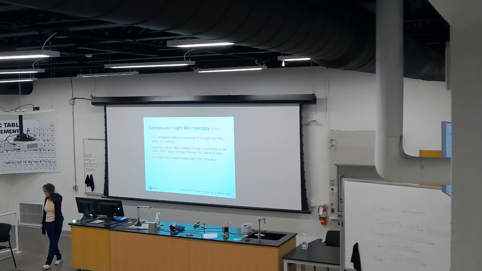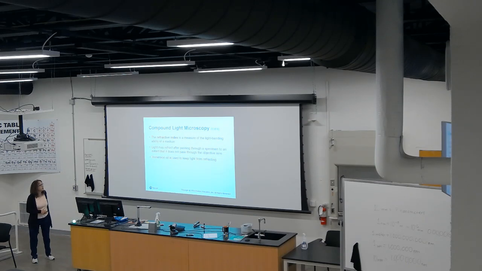Something that also affects the quality of the image is what we call the refractive index. Refractive index is the measure of how much the light is going to bend as it's passing through a medium. So you can decrease this refraction, and then you can have the light, instead of bending away from the pathway of light, go more parallel by reducing this refractive index.